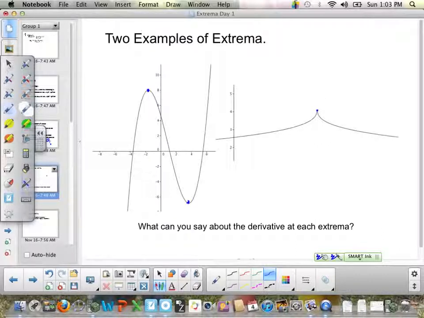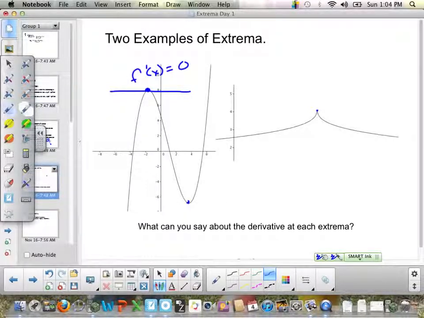What can we say about the derivative at each extrema? Well, right here on the cubic, the tangent line is horizontal, so we can say here that f prime is 0.